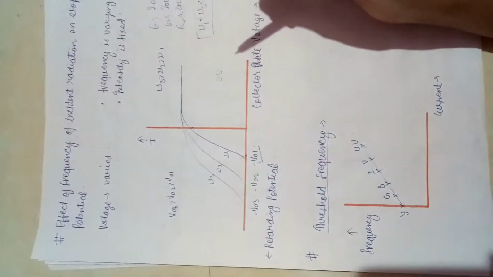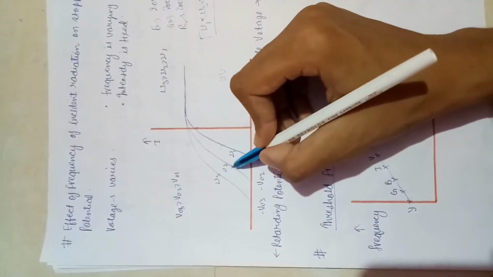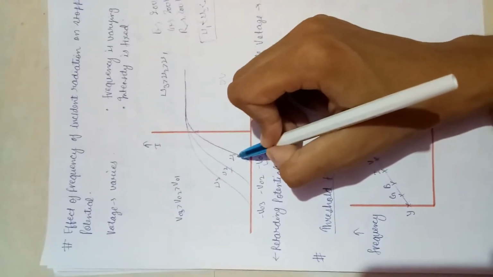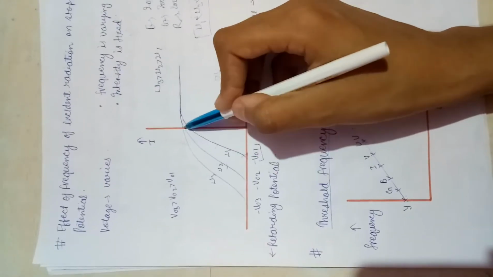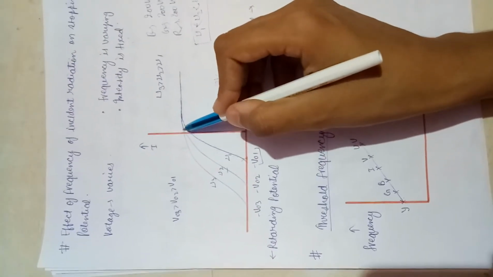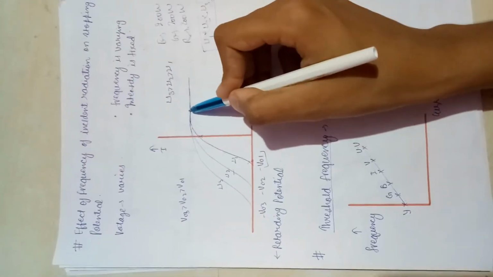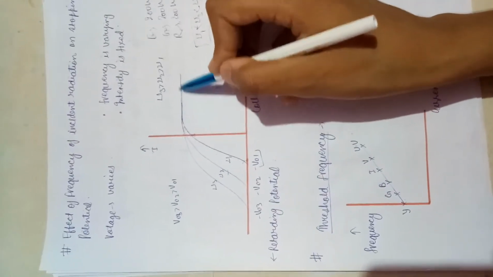Again, if we take another source of light having frequency mu2, the frequency mu2 is greater than the frequency of the earlier source. First of all we get a constant value of current at 0 volt. Then if we increase the voltage, the current slightly increases, and there comes a point where it becomes saturated.